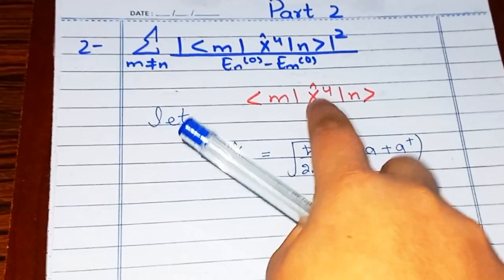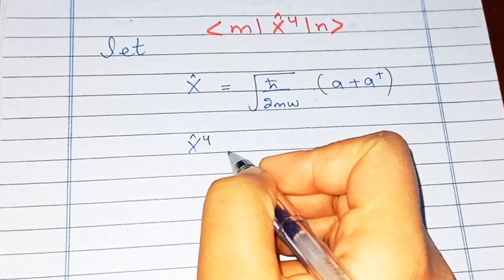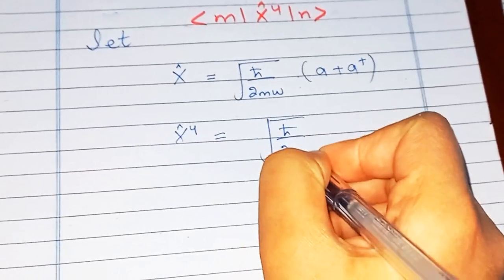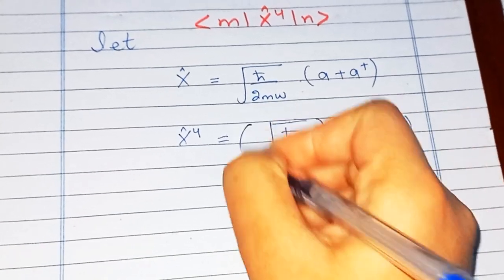So we need x to the power 4. We take power 4 on both sides, so it is the square root of h cut by 2m omega, times (a plus a plus), whole to the power 4.